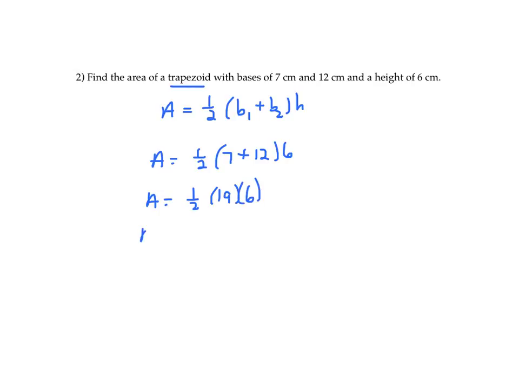Now you can do 1/2 of 19, or you could do 1/2 of 6, or you can go ahead and multiply 19 times 6 and then take half of it. No matter what order you do this in, we're going to end up with 57 square centimeters. Again, don't forget your units.